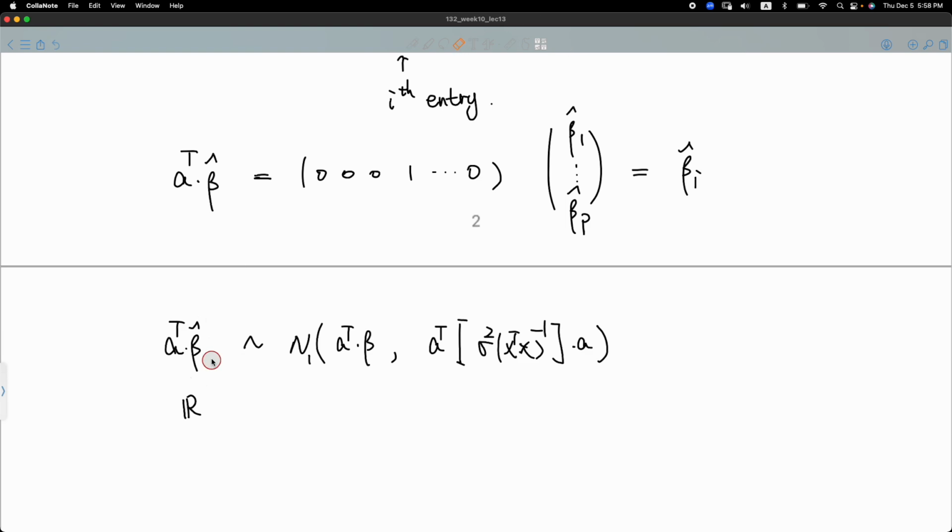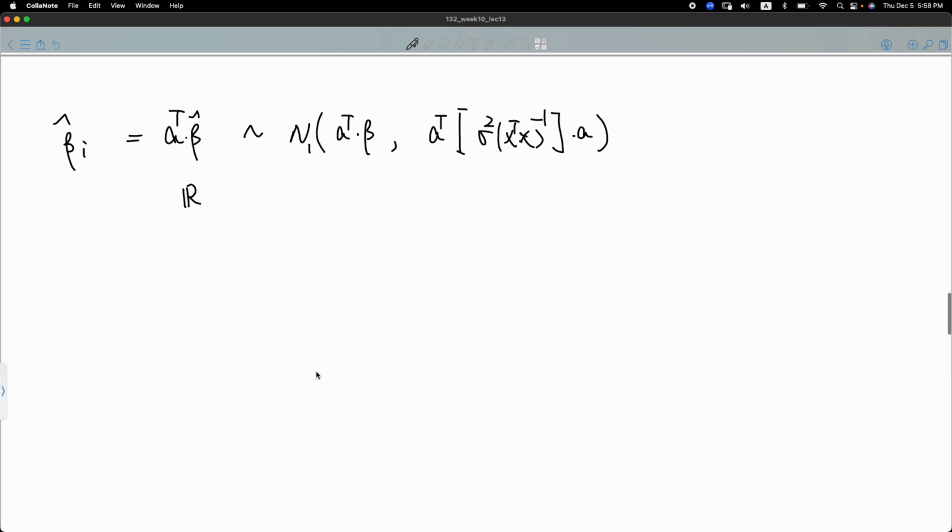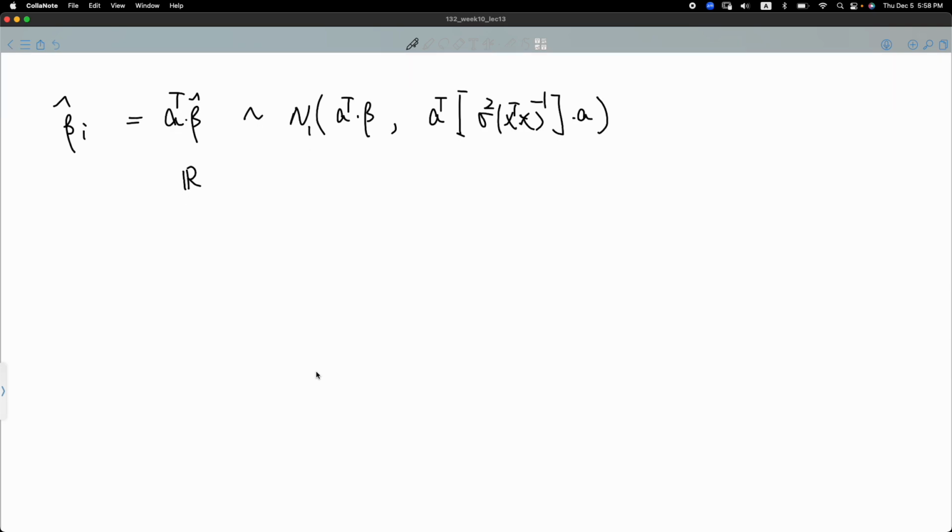This one without the i, you are just extracting one of the entries in a column vector with p dimension. Okay. And then let's give another notation for this one. Let me also explain a little bit on this one.